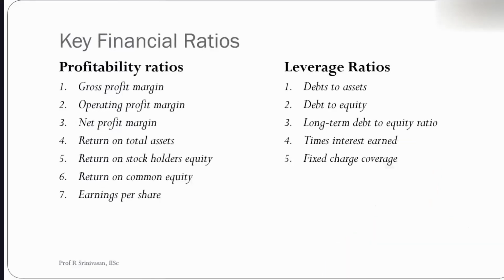The next ratio which you look at with respect to leverage ratios is what is called the fixed charge coverage. What is this fixed charge coverage? It is a more inclusive indication of the firm's ability to meet all its fixed charges obligation. So how is it calculated? It is calculated taking the profit before interest and taxes plus the lease obligations divided by the total interest charges plus lease obligations.